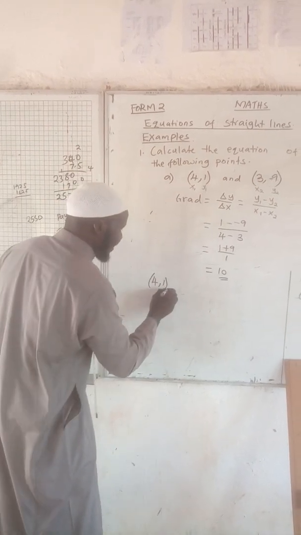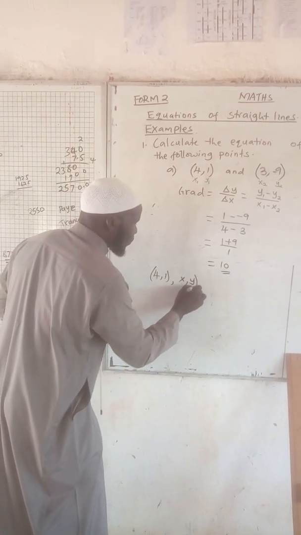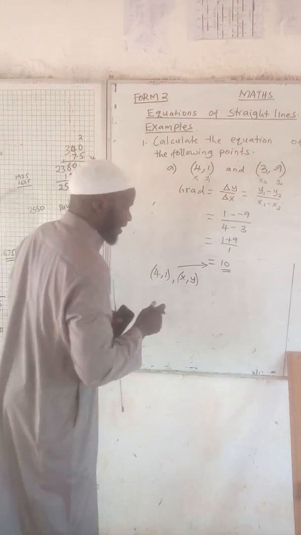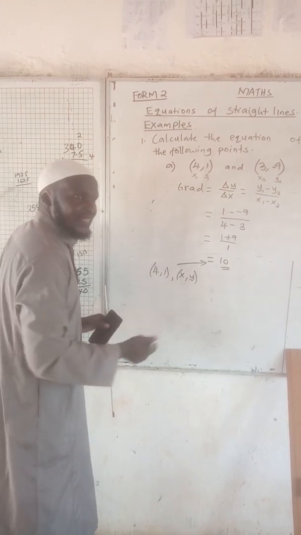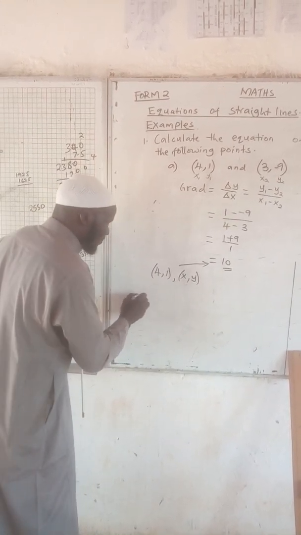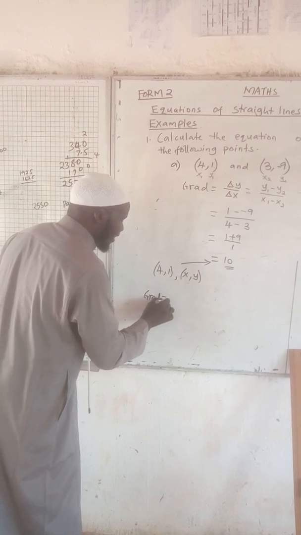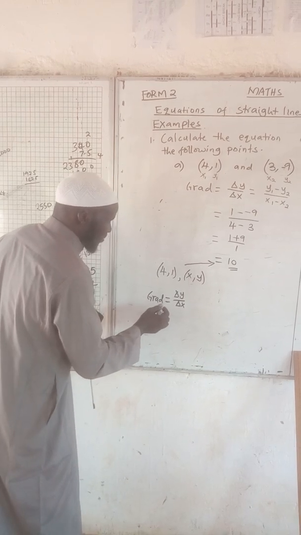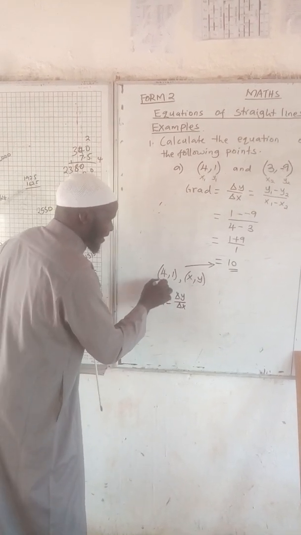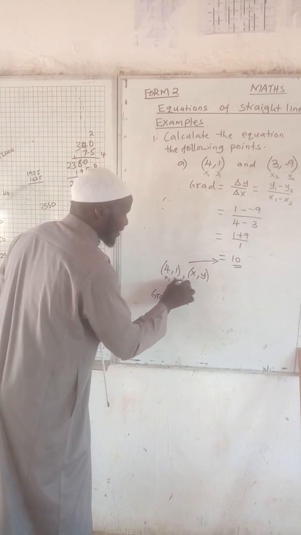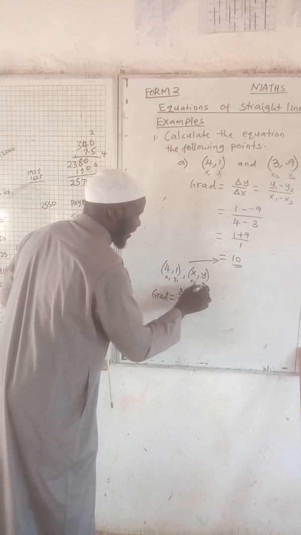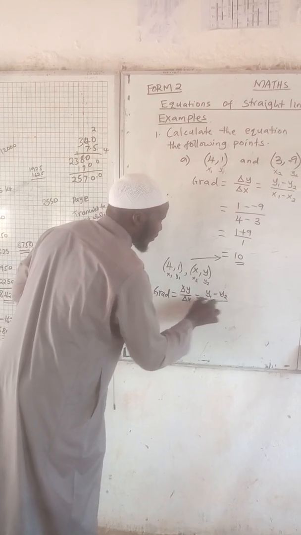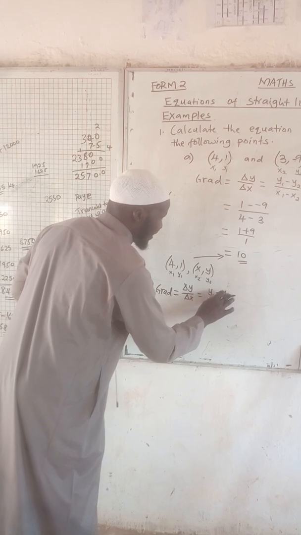Choose one. Then let it pass another point x, y, and the gradient of the line is 10. So we'll say, using the approach of getting the gradient, gradient is given by change in y over change in x. If this is x1, y1, this is x2, y2, it will be y1 minus y2 over x1 minus x2.